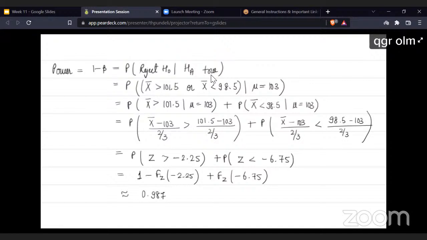No, you are saying why are we not writing the second step? You have written after the second step probability mod of x bar minus 103 greater than 3.